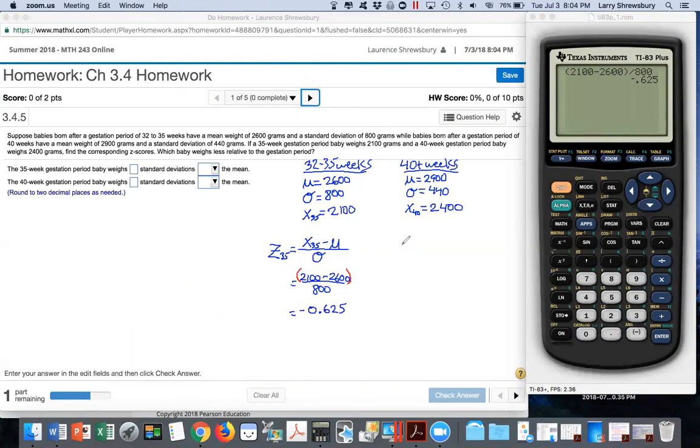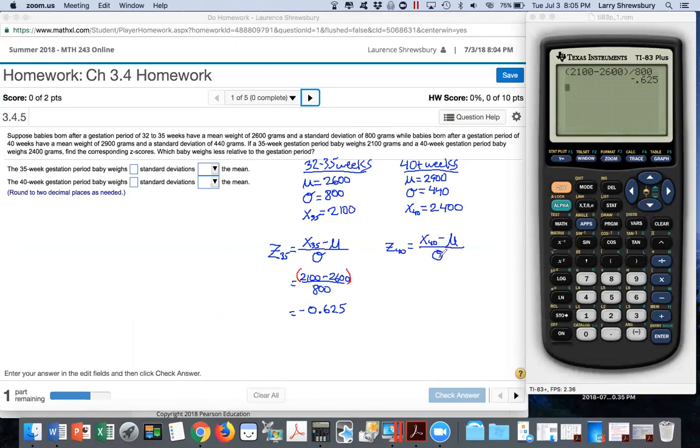Now let's go over here and convert this data value into a z-score. So we got our z. This will be for the 40. We're going to take this data value here, see how far it deviates from its center, and then that deviation will be divided by the standard deviation.